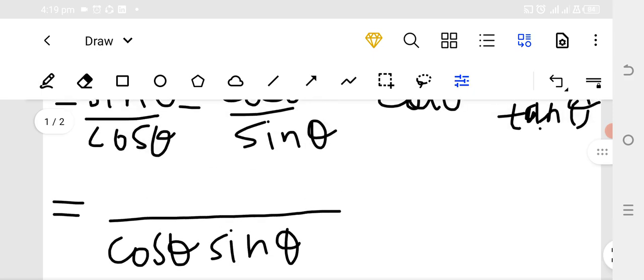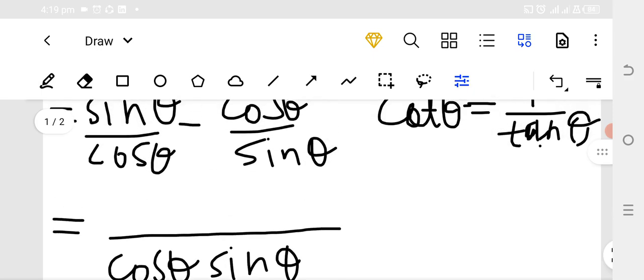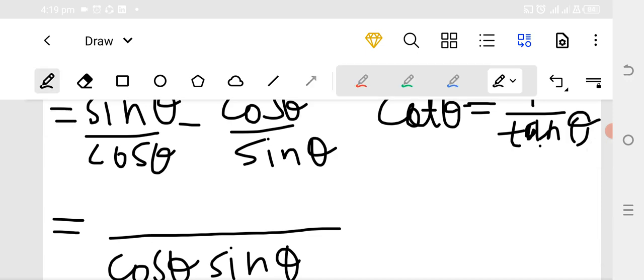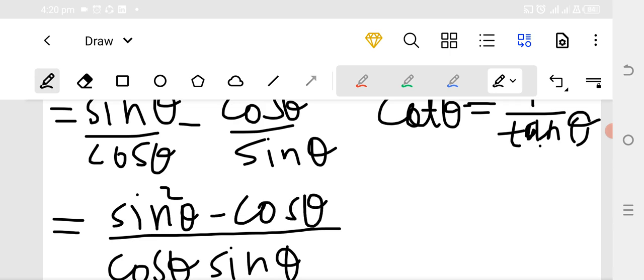And then if you look at it nice, you're going to say cos theta into cos theta sine theta, you're going to remain with sine theta. Sine theta multiplied by sine theta will be sine theta squared. Then minus sine theta into sine theta cos theta, you're going to have cos theta. Cos theta multiplied by cos theta will be cos theta squared.